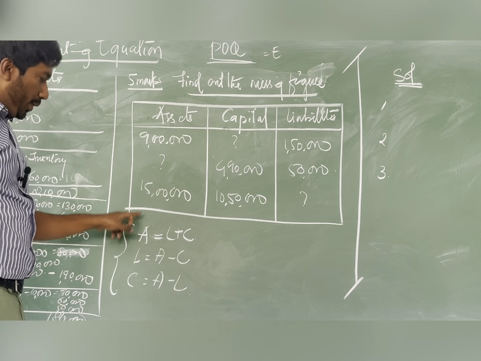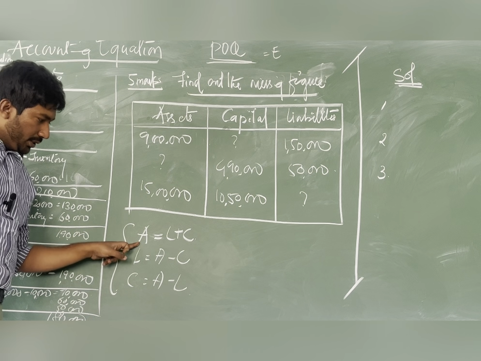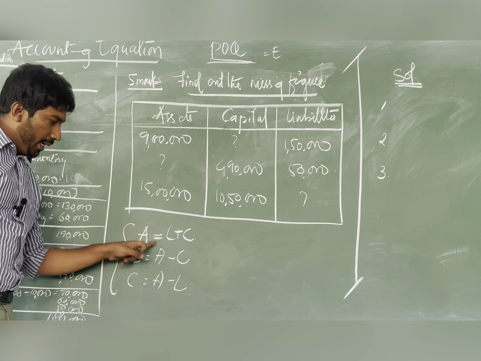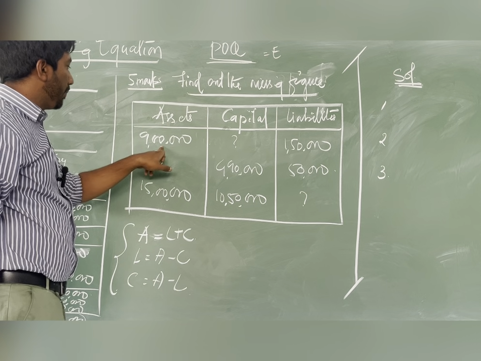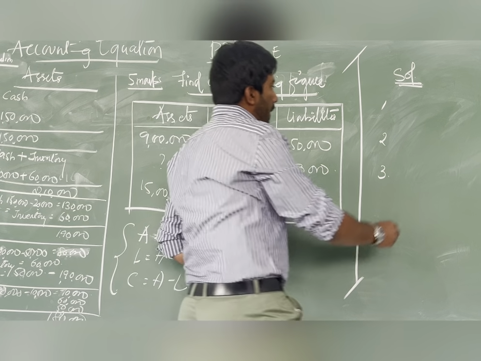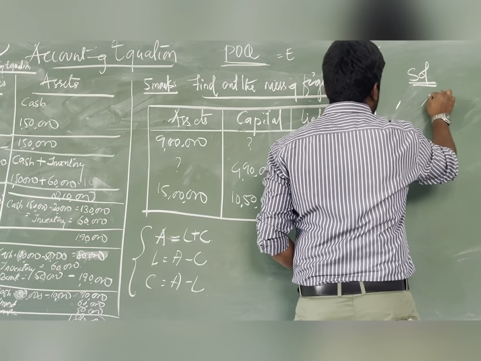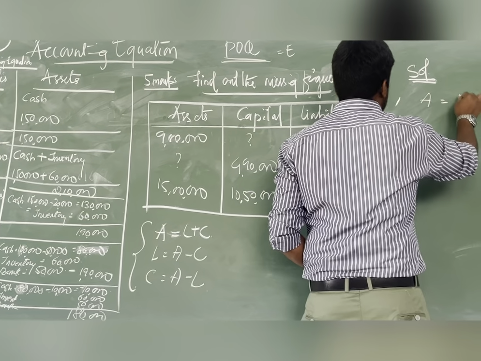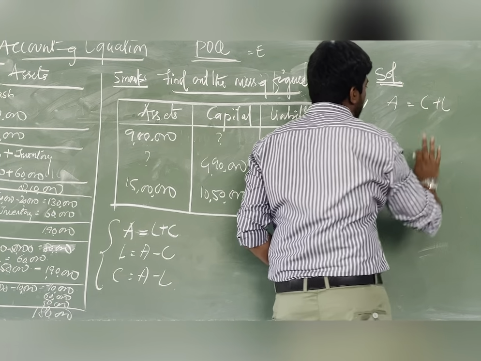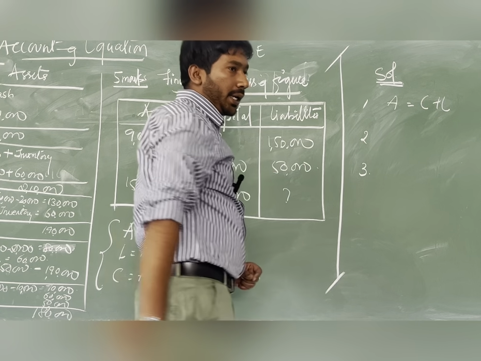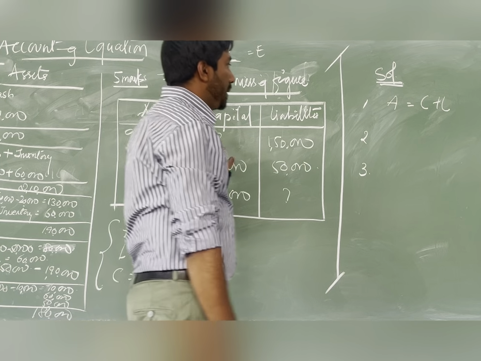So now by using this accounting equation, first, the accounting equation is A is equal to L plus C. Let us analyze this way. So now this is the equation L plus C, but here C is missing.